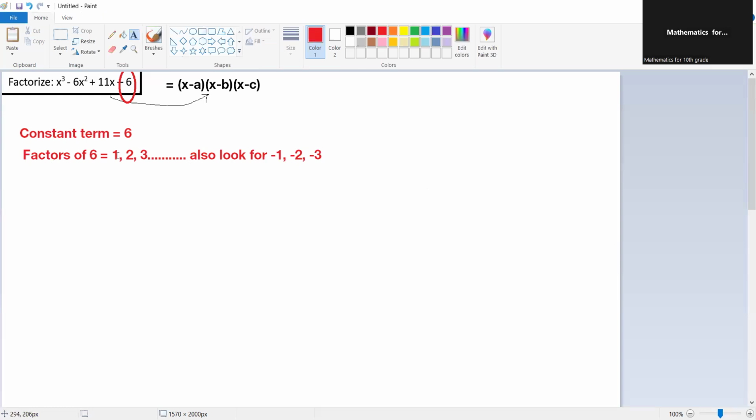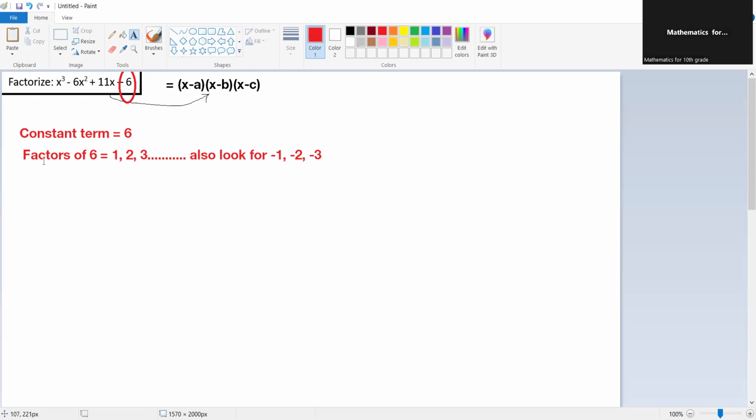So what do we do here? We just substitute 1, 2, 3 or minus 1 or minus 2 or minus 3 into this function and see if it comes as 0. If it comes as 0, then x minus that particular number is a factor. Let's start with 1.